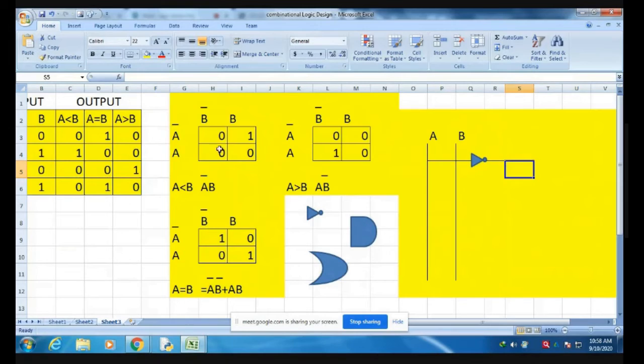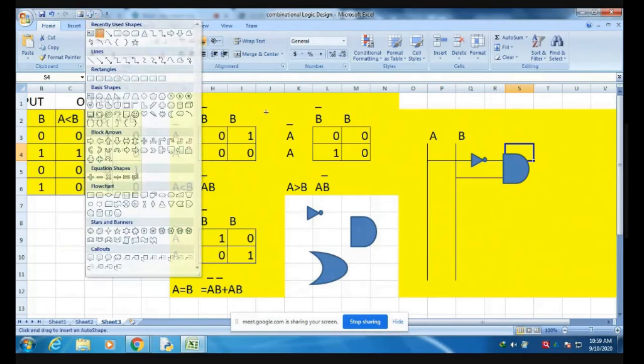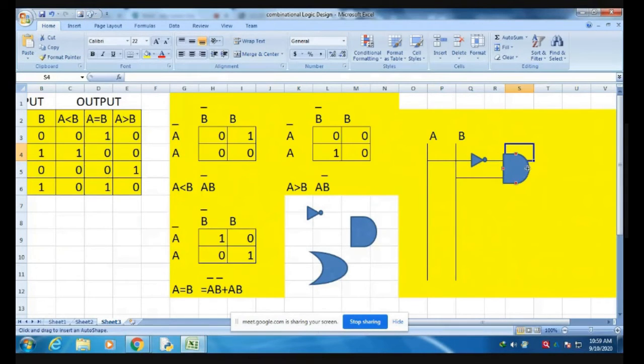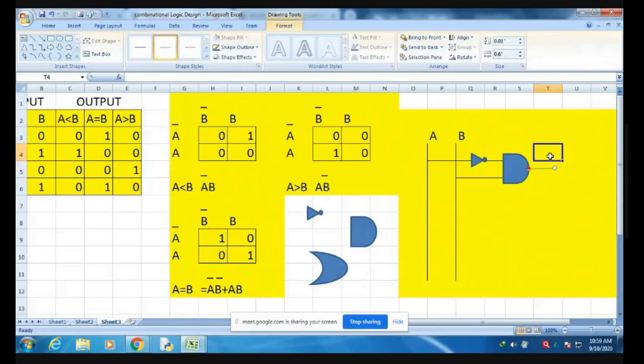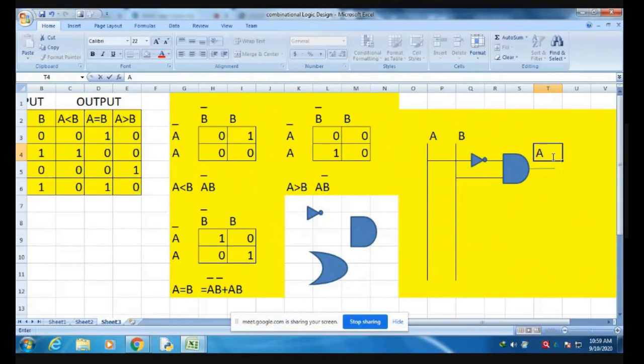Now the second is B. In between, a dot product is there. So I require one AND gate here, and I am going to attach B. Here I get the output, that is A bar B. What is the output?